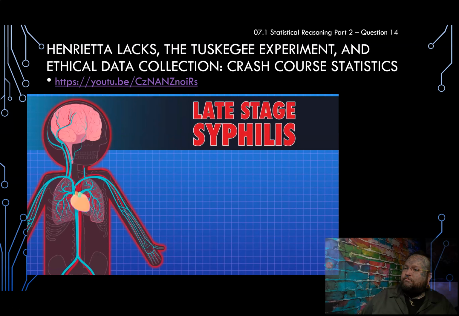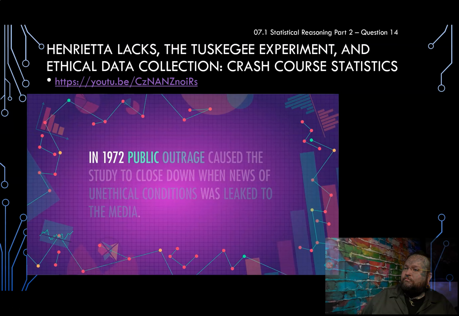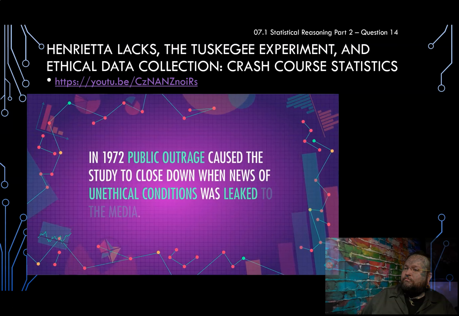Late-stage symptoms of syphilis include serious neurological and cardiovascular problems, yet the Institute allowed the study to go on. Some wives and kids also contracted syphilis. In 1972, public outrage caused the study to close down when news of unethical conditions was leaked to the media.